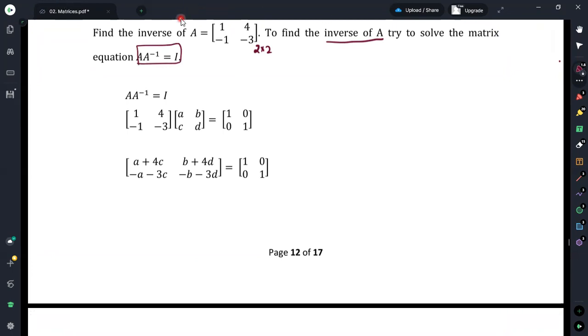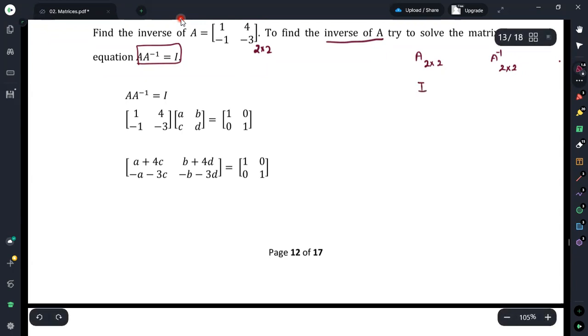When we are going to identify the inverse of the matrix using this equation, the things you need to know are: A is a matrix having 2 rows and 2 columns. Therefore, A inverse also should have 2 rows and 2 columns, because the dimension of the inverse matrix will be the same as the dimension of its initial matrix. As well, we need to identify the identity matrix.